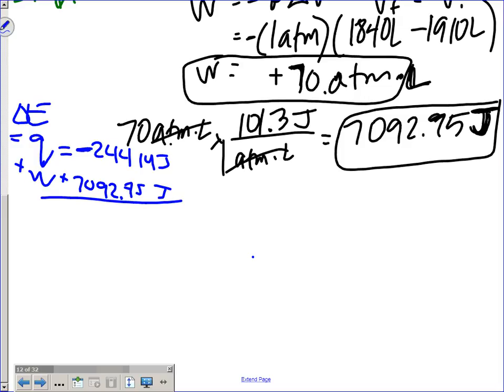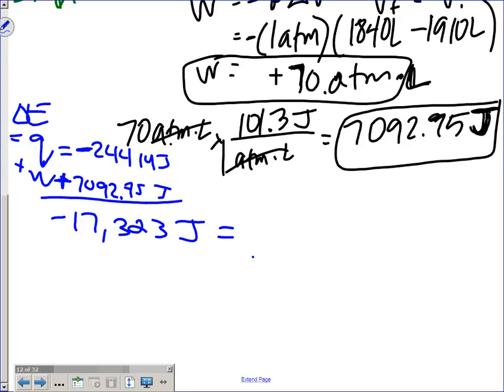This is a negative, and this is a positive. So basically do 7,092.75 minus that big 24,000 number. All right, negative 17,323 joules.